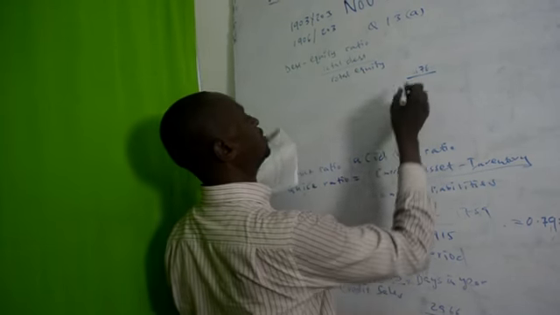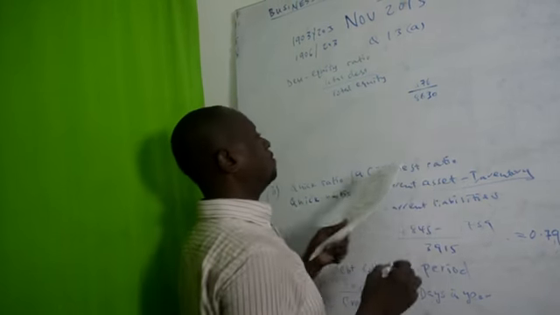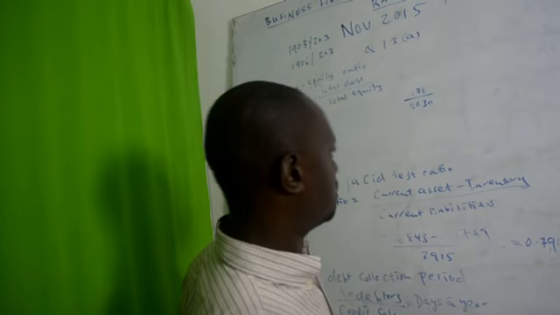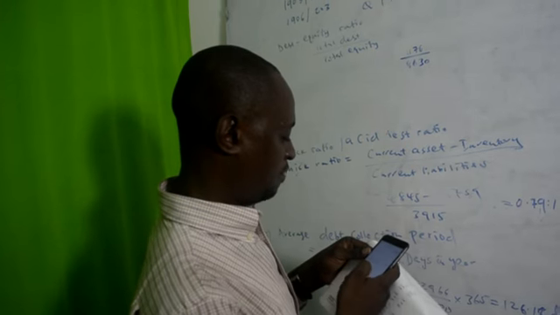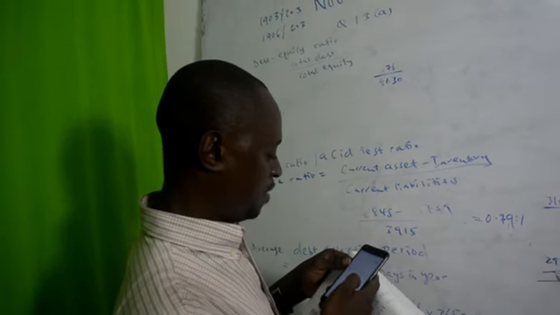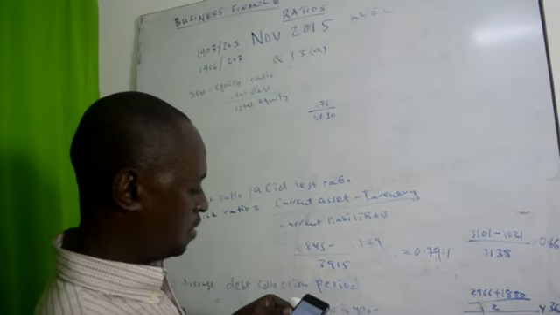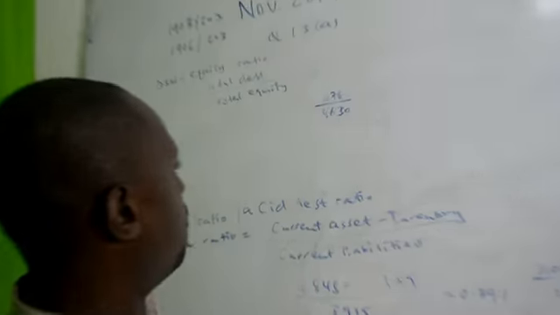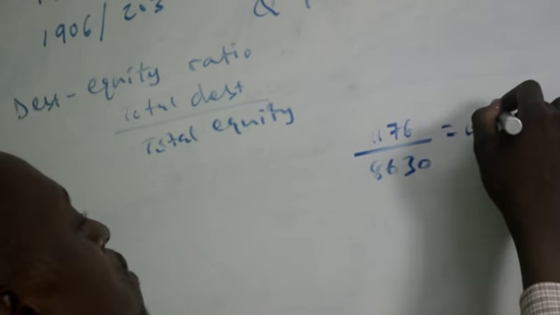So we have 8630. Now let's get that ratio. So this is 1176 divided by 8630. So this is 0.14.